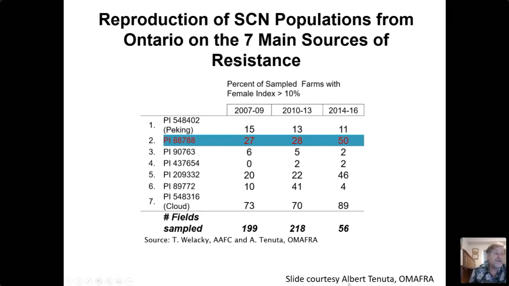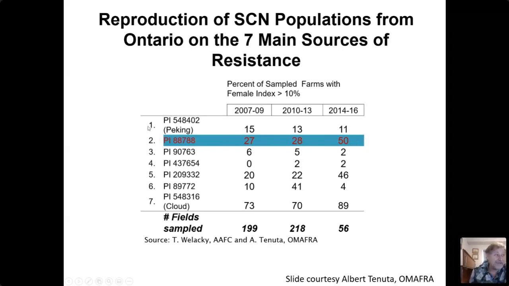So some slides from my brother, who's a field plant pathologist with OMAFRA in Ontario. And you've seen this already with Nathan showing. We have the 88788 resistance, and unfortunately, overcoming of the resistance in SCN populations in Southern Ontario, and it seems to be increasing over time as well.